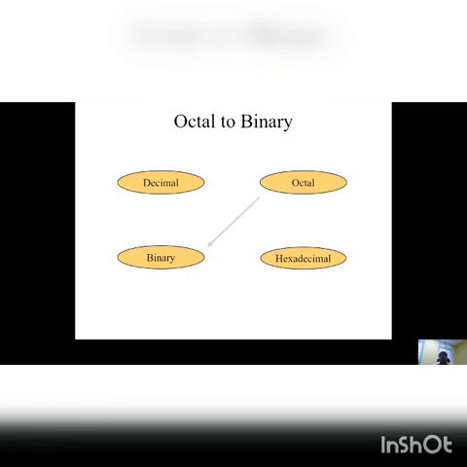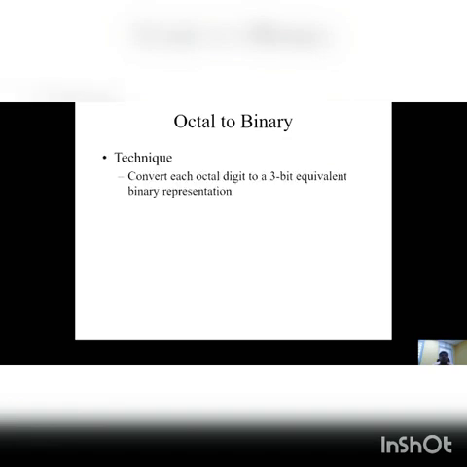Now we convert octal to binary. For octal to binary, convert each octal digit to a 3-bit equivalent binary representation. As I said earlier, the maximum octal digit is 7, and 7 can be represented in binary as 111. So a maximum of 3 bits is required.